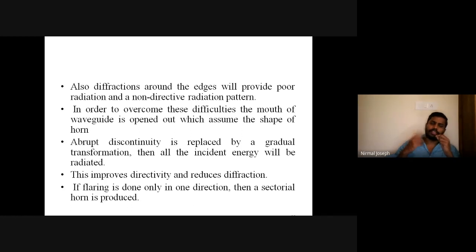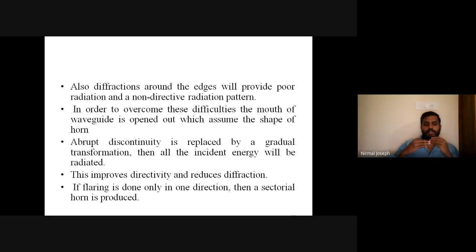From those four edges, the wave can go anywhere, any side. It is not at all directive. In order to overcome these difficulties, the mouth of the waveguide is opened out, which assumes the shape of a horn. So these are the problems.